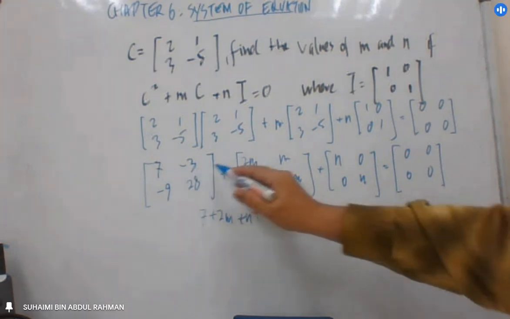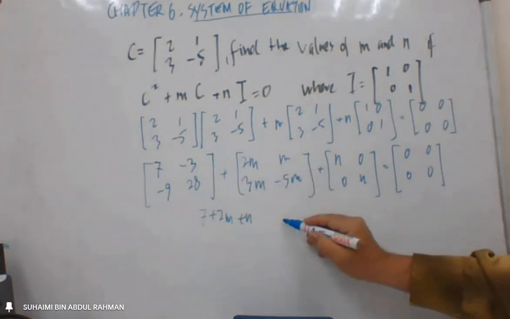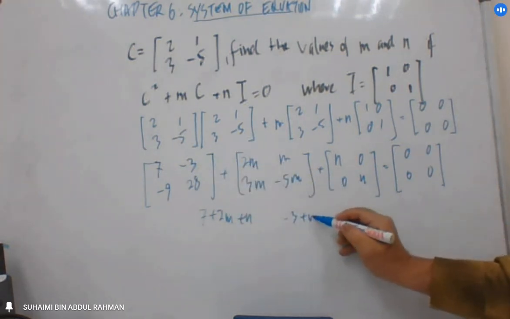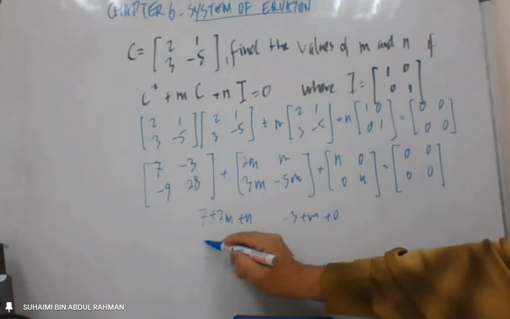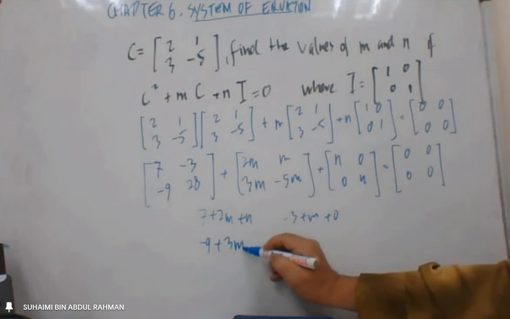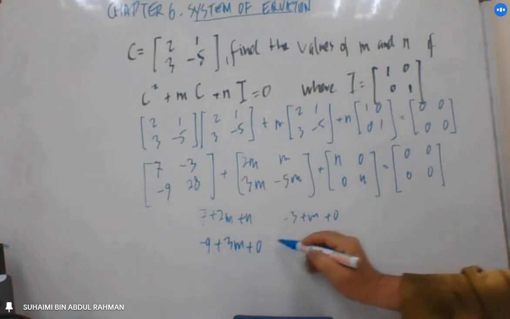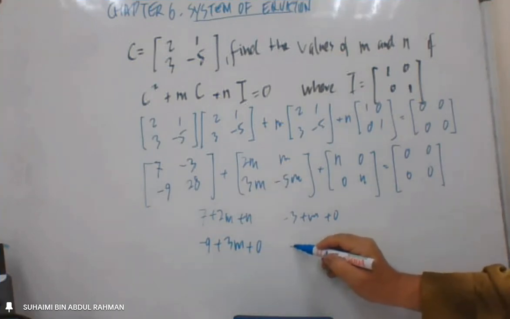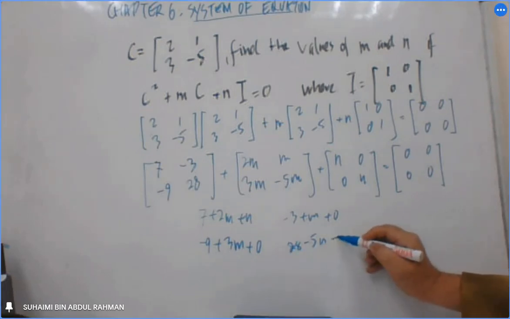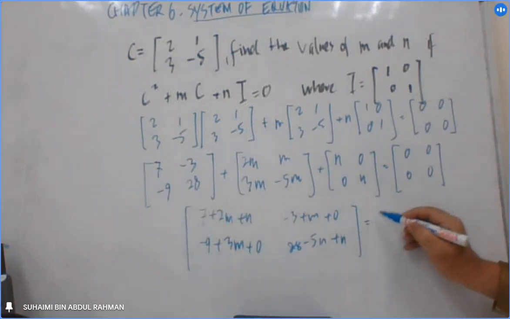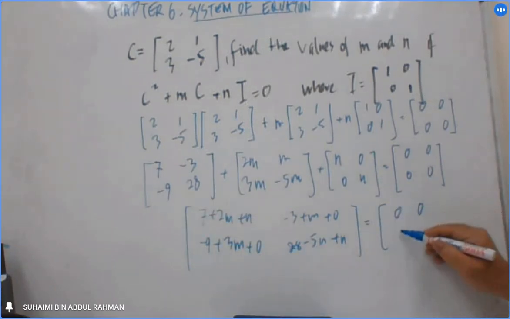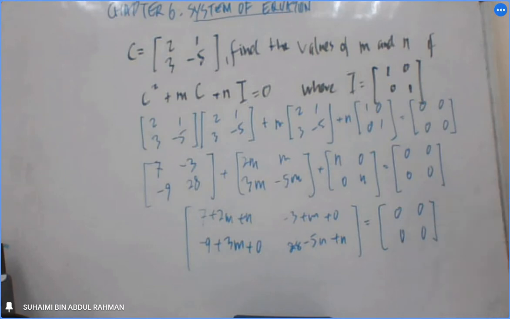Then minus 3 plus m plus 0. Negative 9 plus 9 plus 3m plus 0. 28 minus 5m plus n. That's equal to 0, 0, 0, 0.